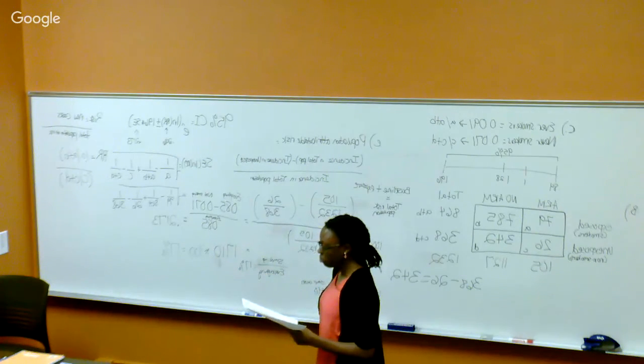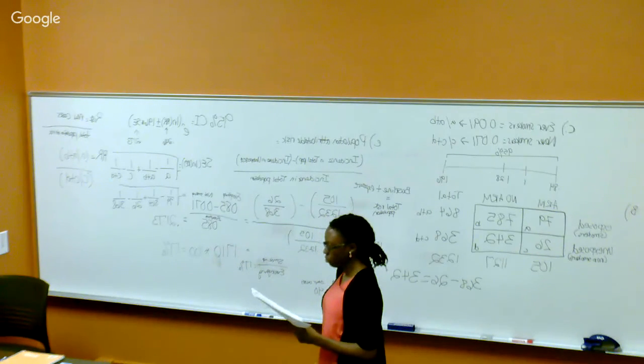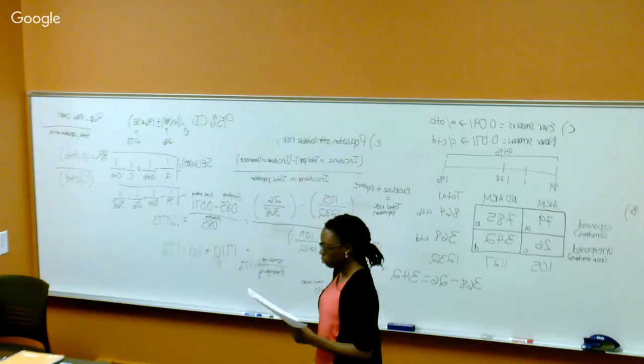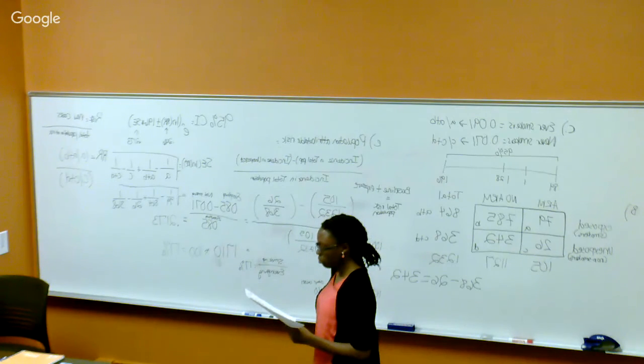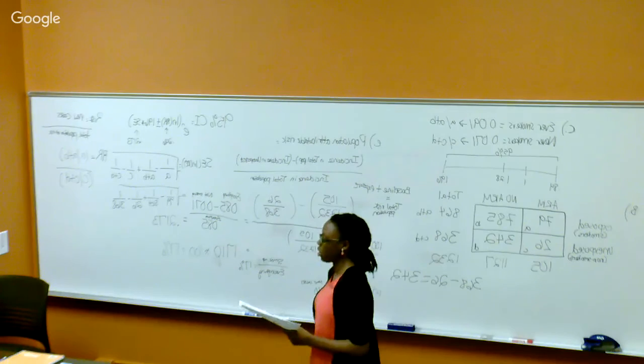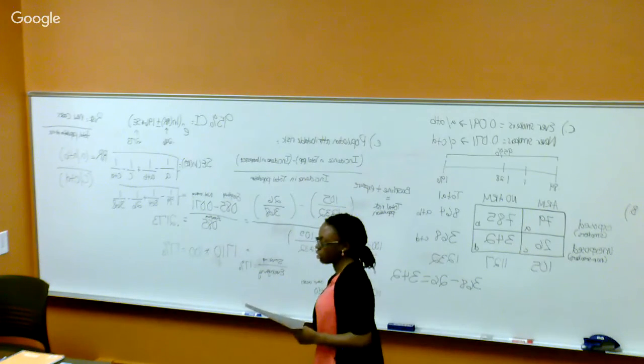So when I see the word sample, does that point me in the direction of it always being a case control? No, because every study has a sample. It's just how they get it that determines what study design it is.